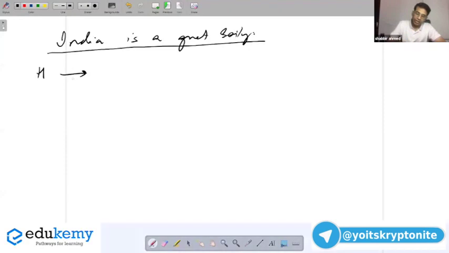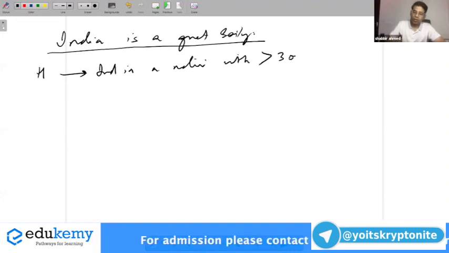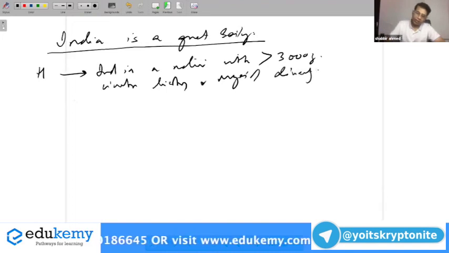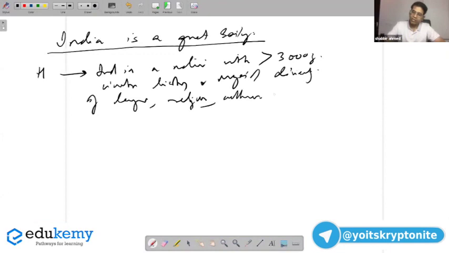The hook is, India is a nation with 3,000 years of civilization history and a myriad diversity of languages, religion, cultures, and development.